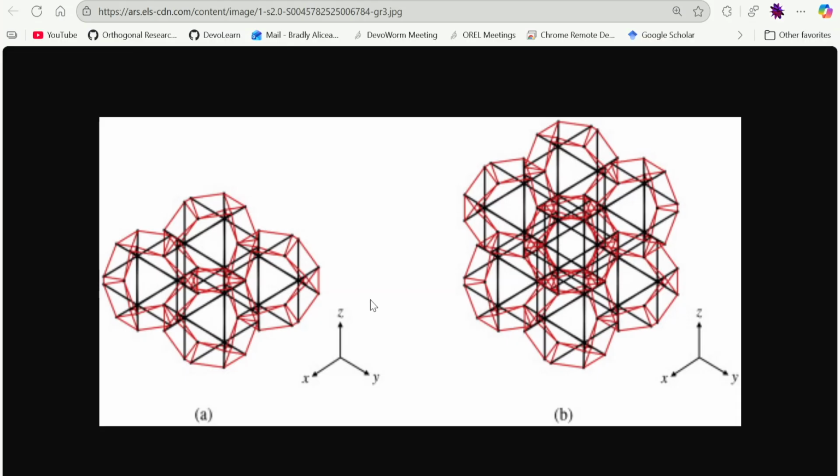And then this is the more typical tensegrity you'd see, where these are cells that are next to one another. You notice there are nodes with six black lines coming out of them. I don't know if you can see, but there's more than one black line meeting.